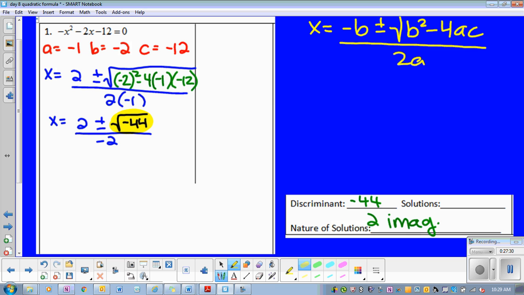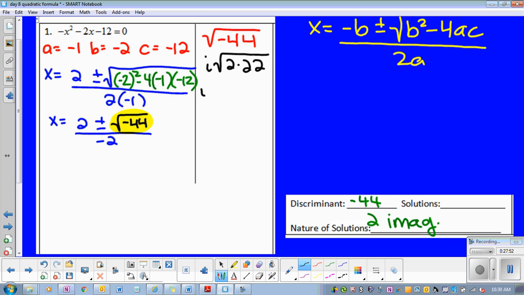So you see how there's this little space over here to the right? That's where you guys are going to simplify your radical. Square root of -44. Okay, i comes out, and then it's what? 2 times what? 22. Okay.